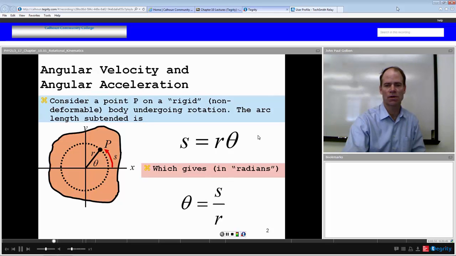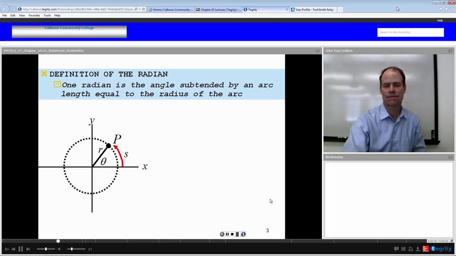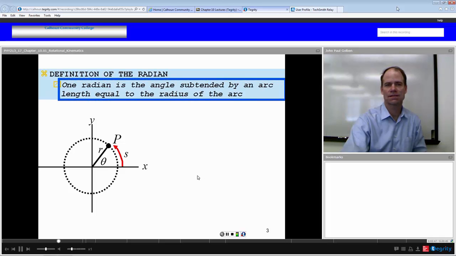Or in other words, we can define what we call an angle in radians as being equal to the arc length s divided by the radius of the arc. Hence, 1 radian would be the angle subtended by an arc length equal to the radius of the arc itself.